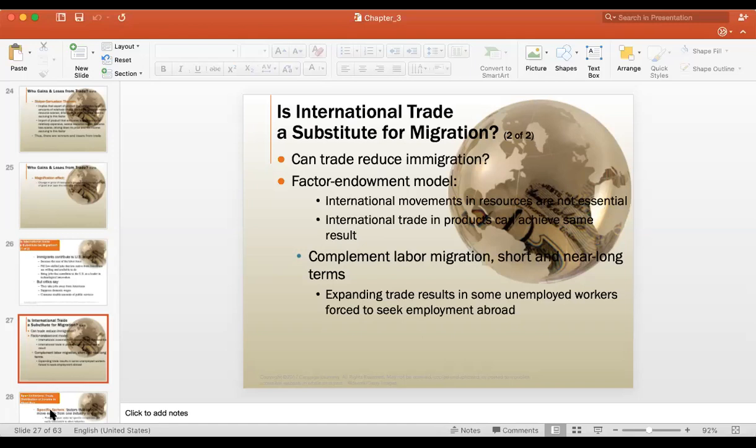In the short run, however, as I said, things are not going to be as clear and as smooth as they would be in the long run, simply because in the long run, what we are expecting to see is that most economies will converge to their long run equilibrium.